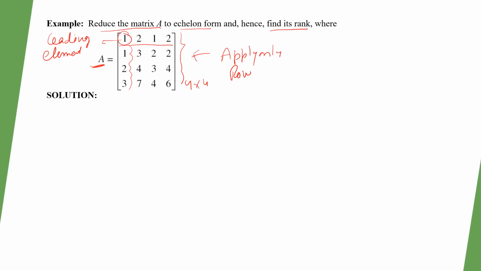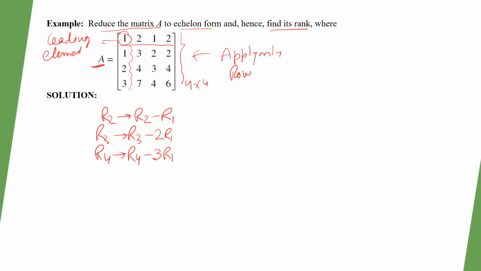The first operation we use is R2 minus R1, and similarly we apply the operation on R3 minus 2 times R1, and on R4 minus 3 times R1.